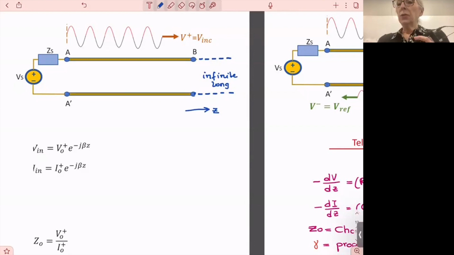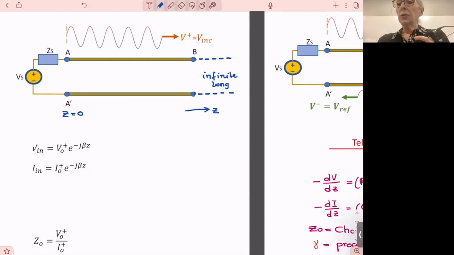Now, in addition to the voltage, we have a current. You remember the two partial differential equations? We have two unknowns in these equations, the voltage and the current, and both of them are a function of z, of the length. So if you are here, the voltage and the current will be different. If you are in the beginning, for example, when z equals 0, the phase of the voltage and the current will be 0.